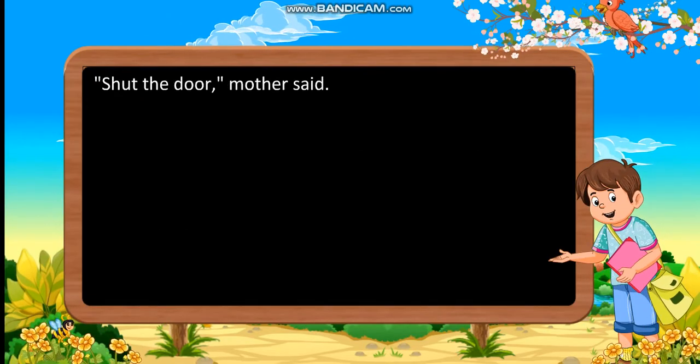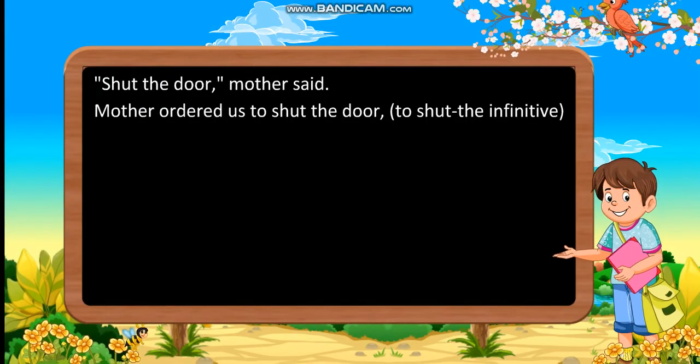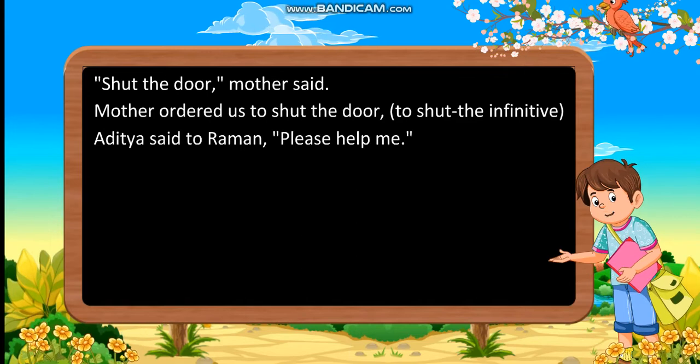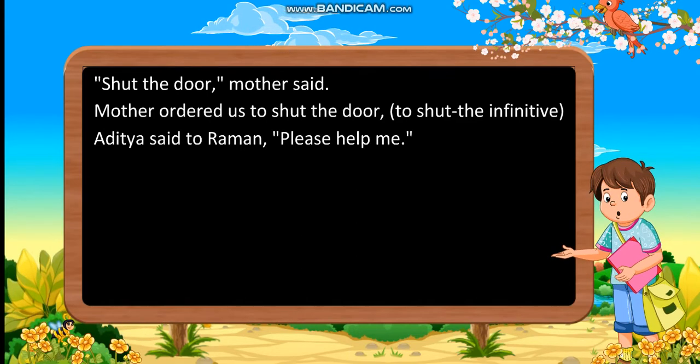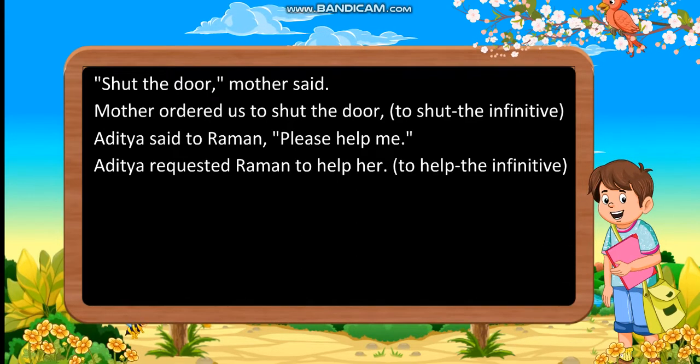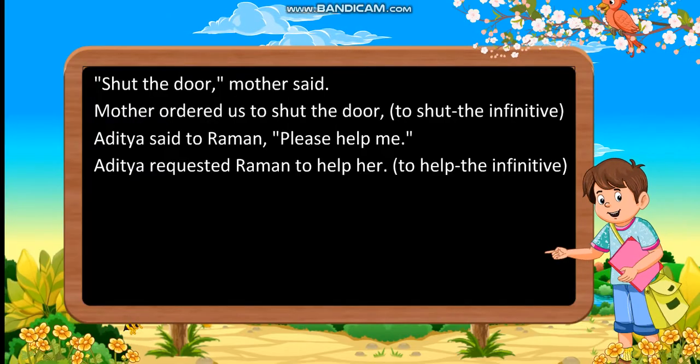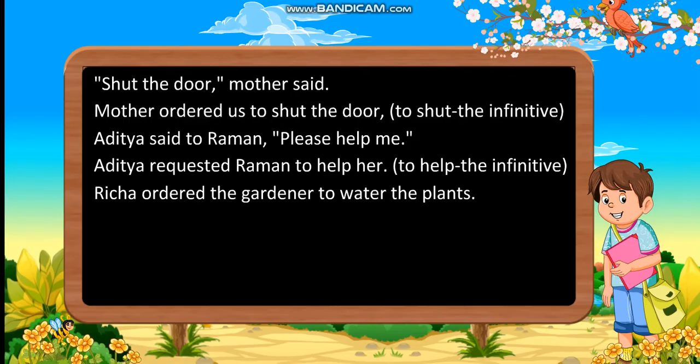"Shut the door," Mother said. Mother ordered us to shut the door. To shut, the infinitive. Aditya said to Ram, "Please help me." Aditya requested Ram to help her. To help, the infinitive. Richa ordered the gardener to water the plants.